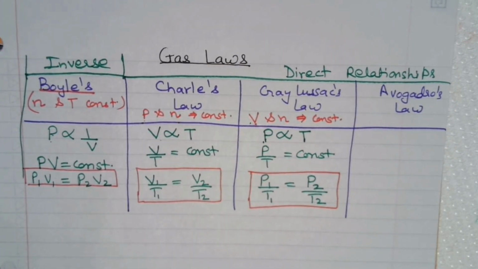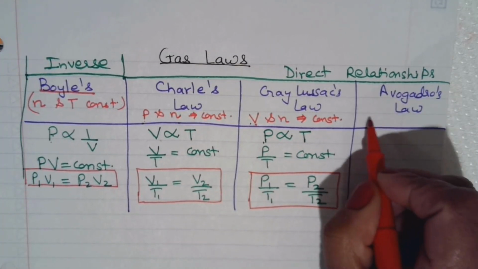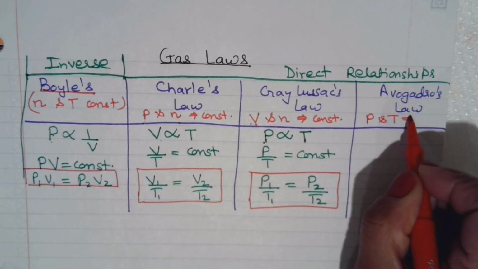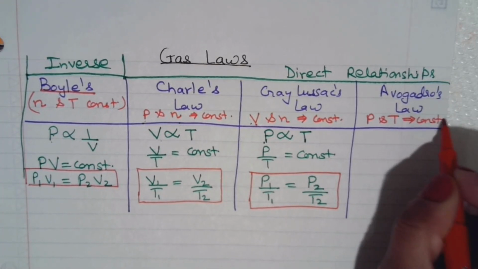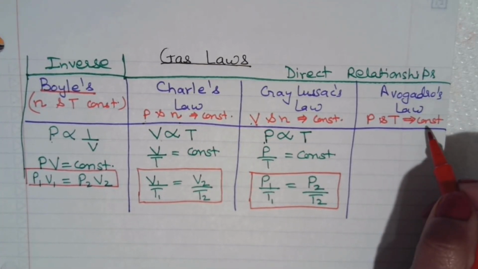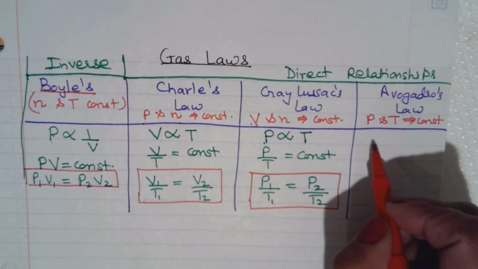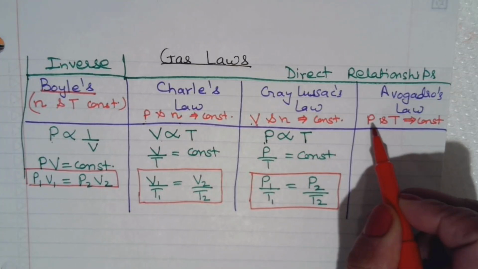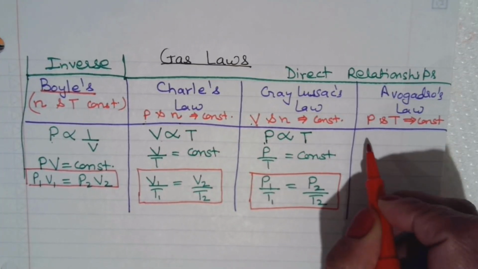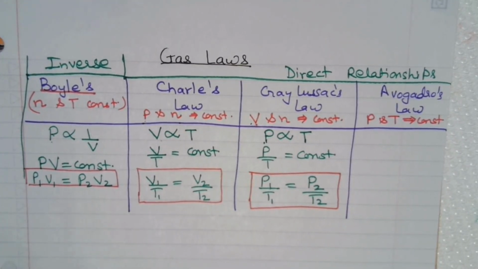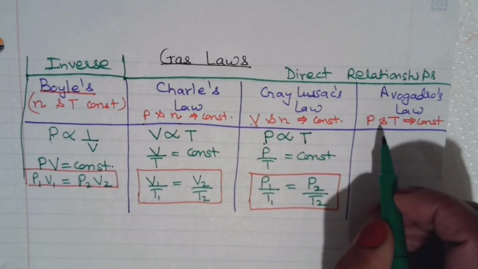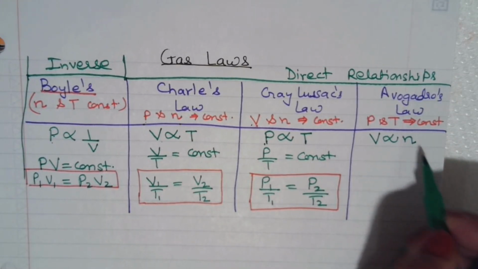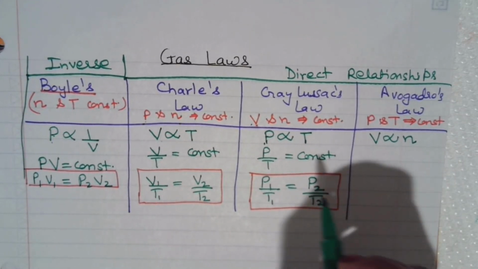Then the last one, we have Avogadro's law, right? So if you keep the pressure and temperature of the gas constant, constant means you do not change it, while you are studying the effect of volume and number of moles, you are not changing the temperature and pressure of the gas, right? So this law states that at constant temperature and pressure, volume of a gas is directly proportional to the number of moles of the gas, right?